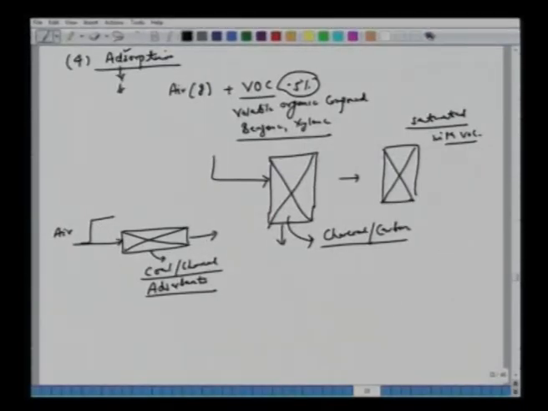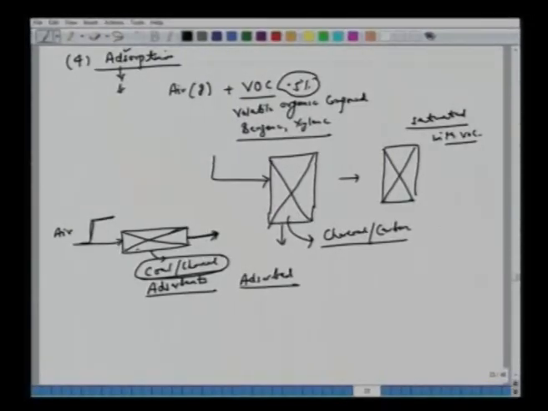In the beginning, when the charcoal or these adsorbents are fresh, then at the exit you will see that there is no VOC coming out. If you put some instrumentation here, it will not be able to measure VOCs. Why? Because the VOC has been adsorbed by this charcoal.